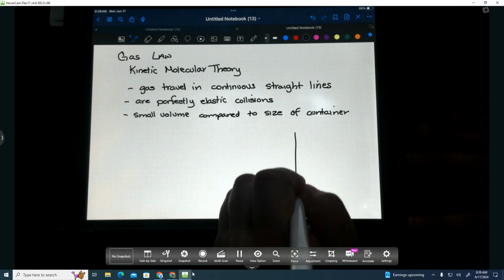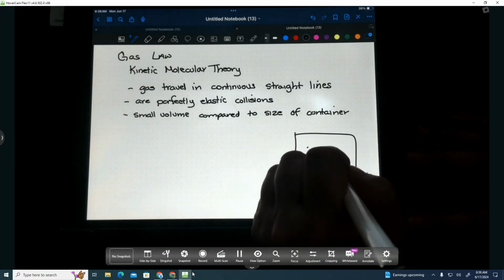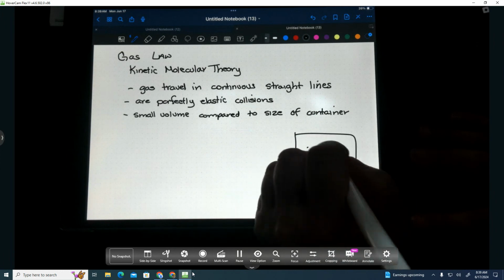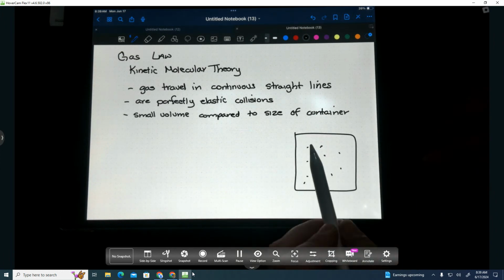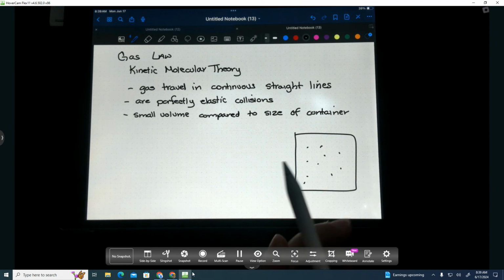In other words, if I have a container here and I've got gas particles in there, if I shrunk all these little dots down, the volume of those gas particles is very small compared to the volume of the container that it takes up.